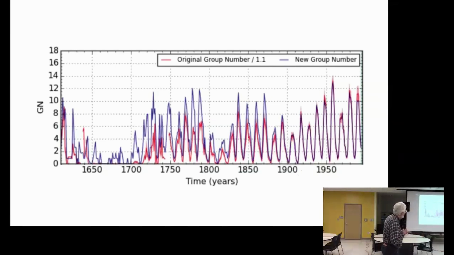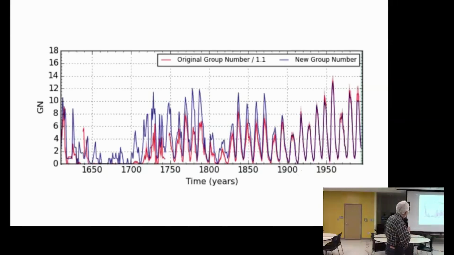The period from 1650 to 1725 is the Maunder minimum. It's still there. It's not quite the zero that it has been said to be since it was rediscovered in the 70s by John Eddy.